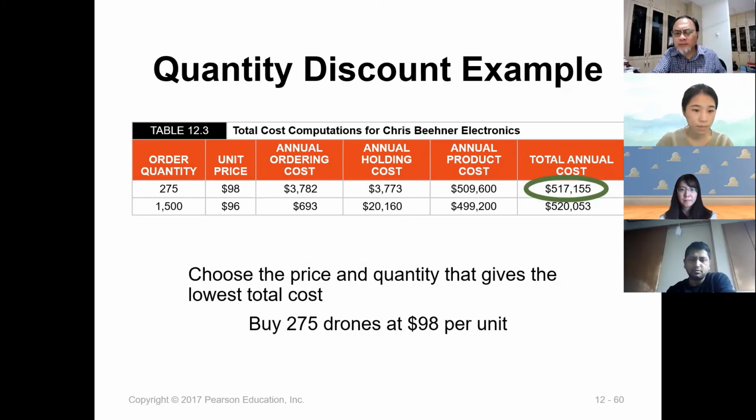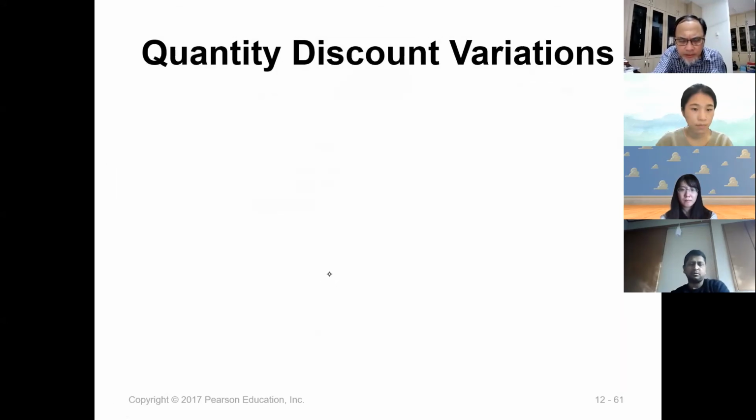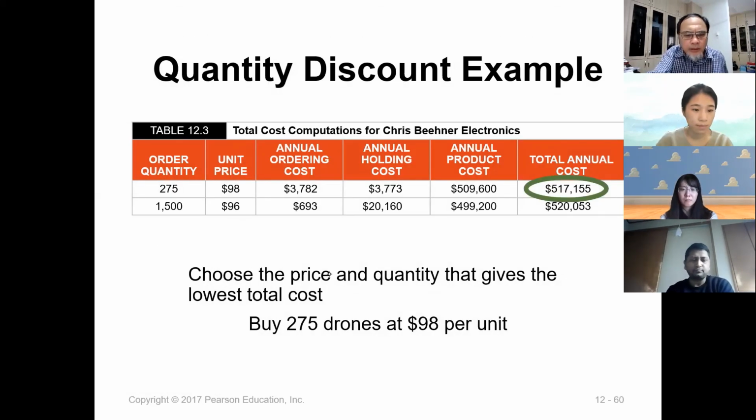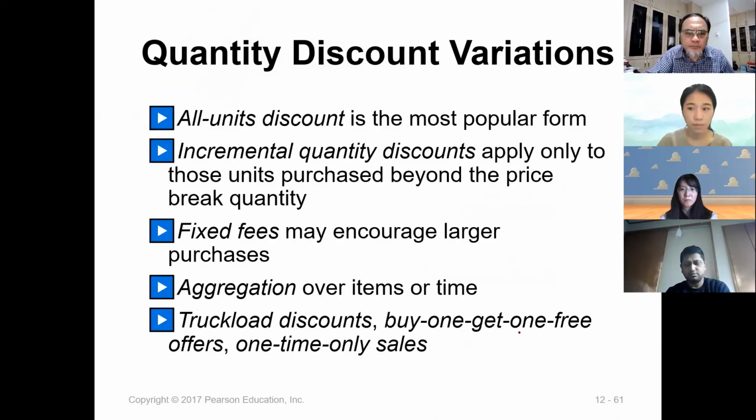Any questions? So we can choose the price quantity that gives the lowest total cost. So you buy at 98 units, $98 per unit.